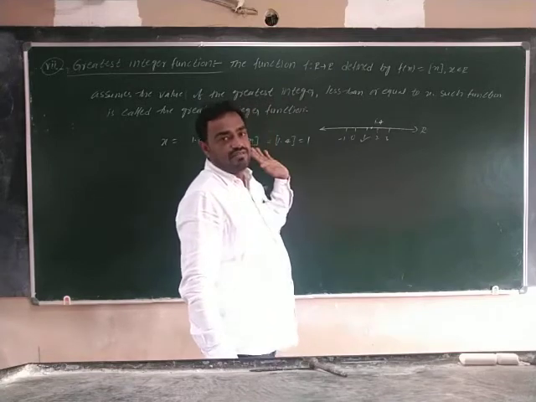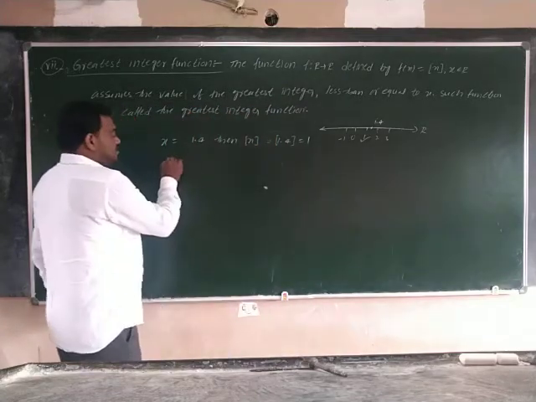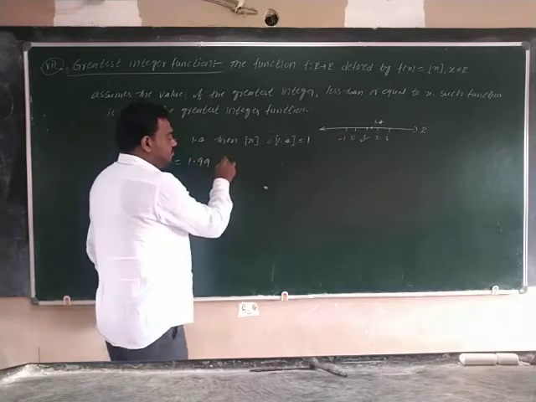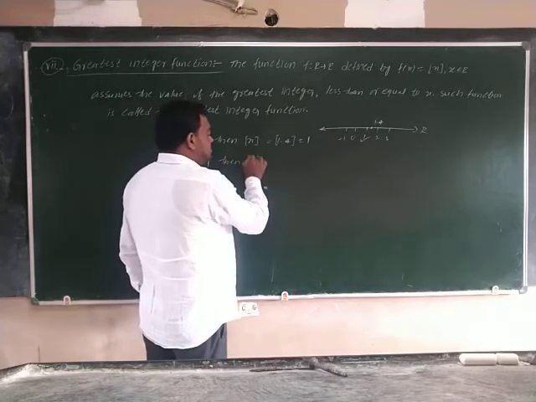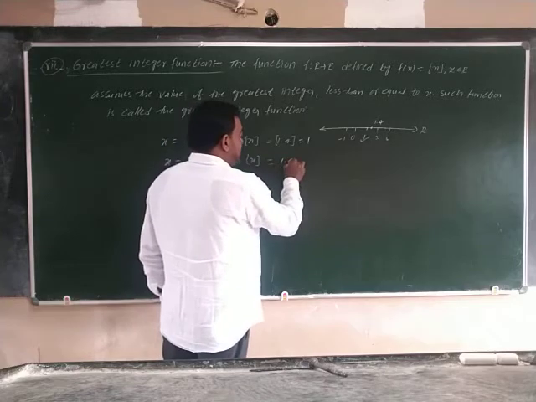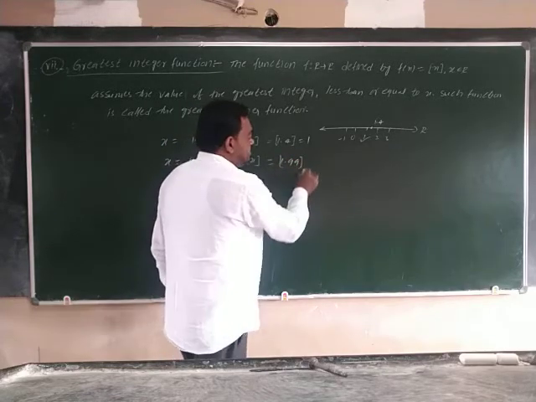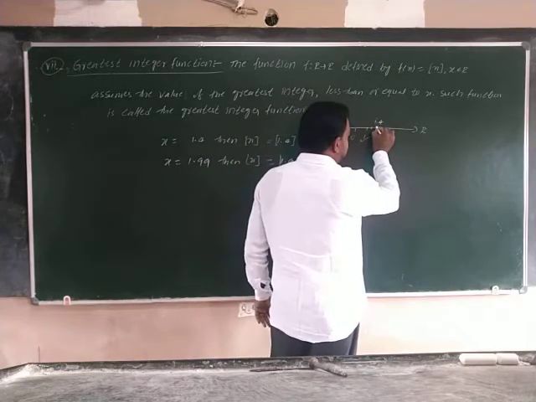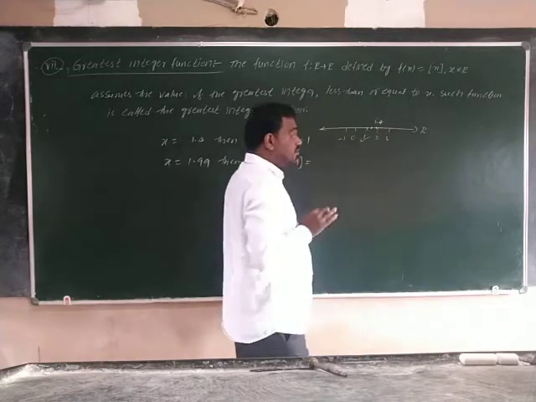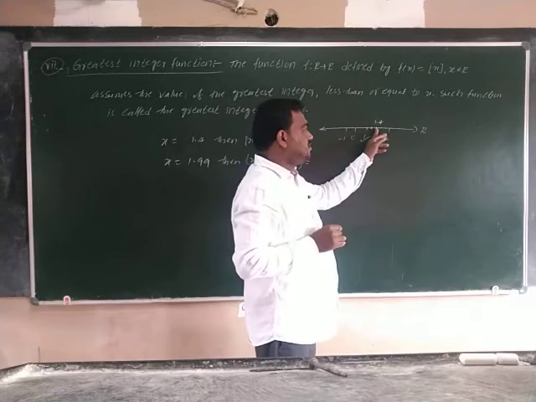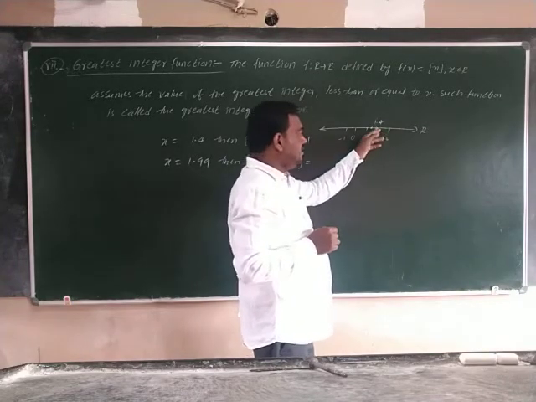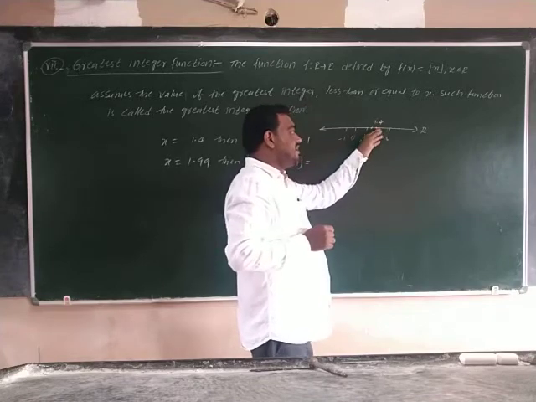Next, for example, x is equal to 1.99. Then the step x, what are you getting? 1.99 means approximately equal to 2, not equal to 2. Here it is 1.99, so we take the values less than 1.99.